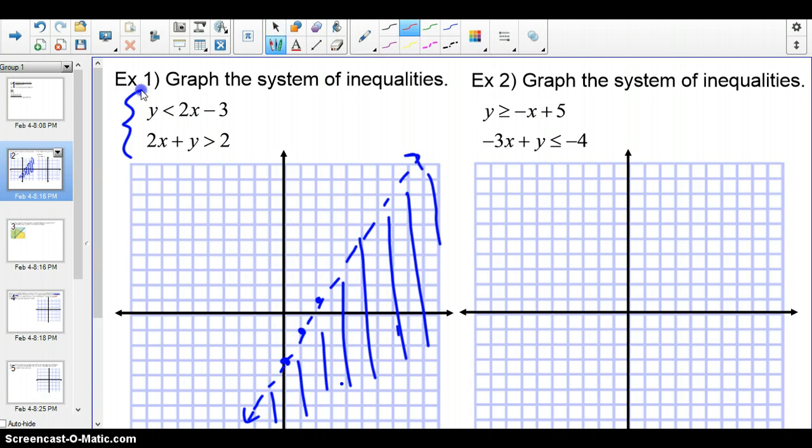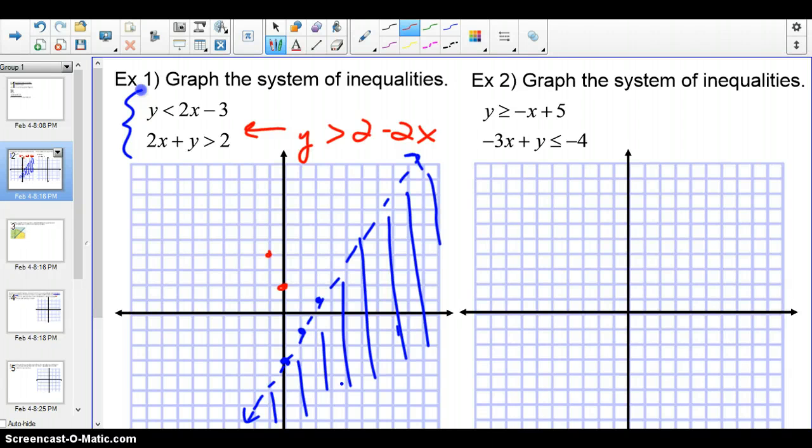All right, second inequality here. I'm going to solve this for y really quick. Y is more than 2 minus 2x. So my b value is at +2 and my slope is -2. So I'm going to rise 2, I guess, and go to the left one.